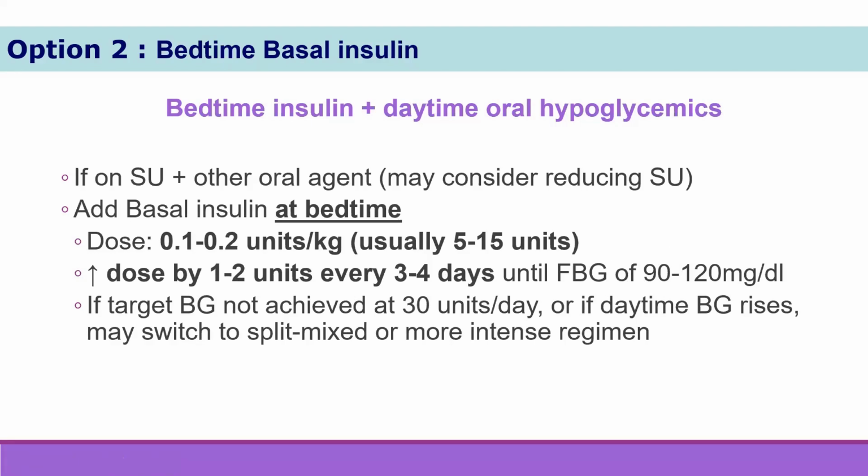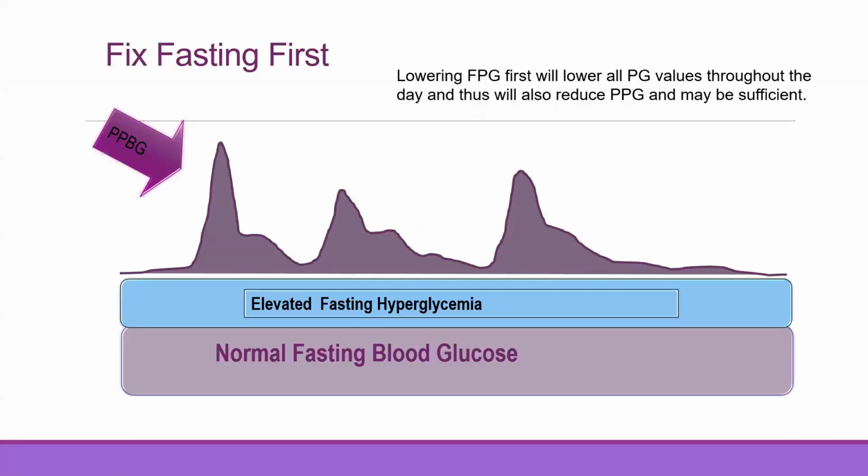So the point is that in most situations we achieve a good fasting plasma glucose target, and once you achieve that, in most situations you will find that postprandial plasma glucose is also controlled, and you don't have to intensify the insulin regime.